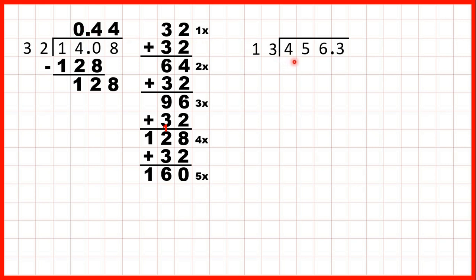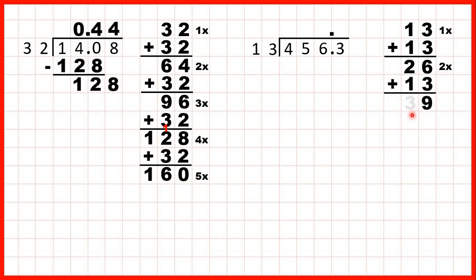So now let's move on to this question. We have 456.3 divided by 13. Again, we can start by copying the decimal point up into our answer, and now we need to work out the 13 times table. 13 is 1 times 13. If we add another 13, we get 26 for 2 times, 39 for 3 times.